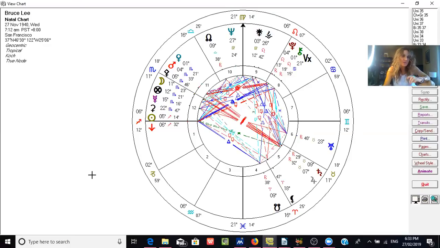This one's more complex, and it's complex, I think, mainly because of the nature of Bruce Lee's death, which is still very unclear, and very interesting that he has Neptune in the 10th house, right? But, look, here we go again.